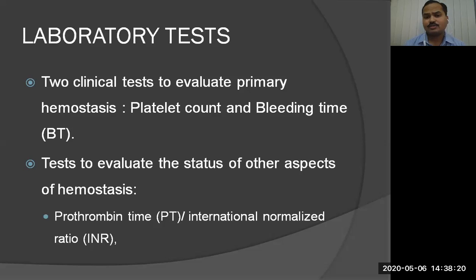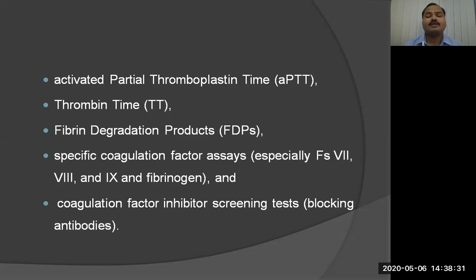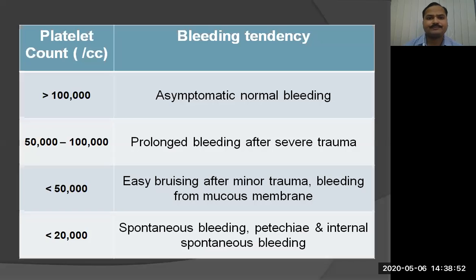Then there are certain tests to evaluate the status of other aspects of hemostasis, meaning the other coagulation pathway factors, like the prothrombin time, the international normalized ratio INR, activated partial thromboplastin time, thrombin time, fibrin degradation products, specific coagulation factor assays like the assays of factor 7, 8, 9, and fibrinogen, and coagulation factor inhibitor screening tests, the tests for the blocking antibodies.